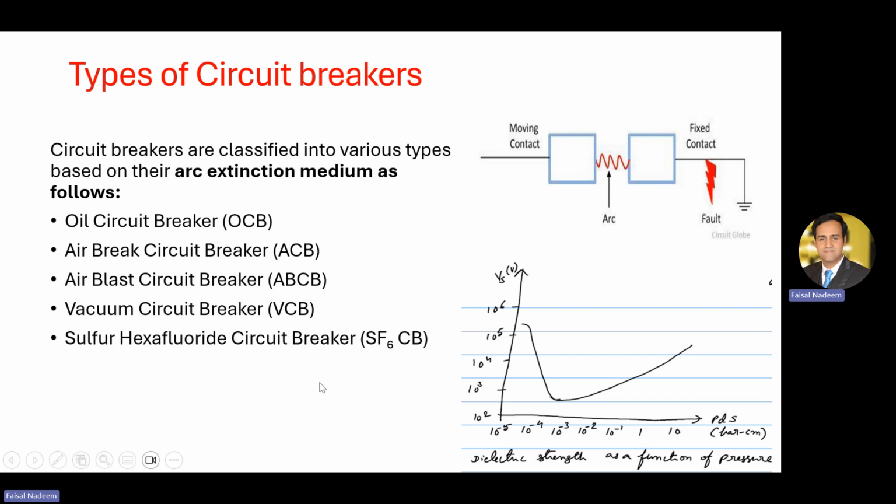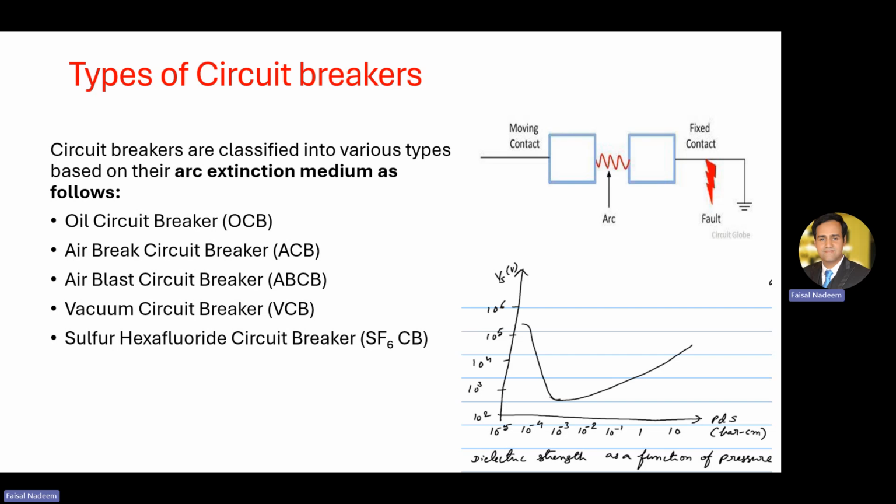Then for the very high voltage level, we use sulfur hexafluoride gas. The sulfur hexafluoride gas is a highly electronegative gas, and its dielectric strength also increases with the pressure. So therefore, sulfur hexafluoride gas is a good option for the arc quenching and extinction of the arc in the circuit breaker.